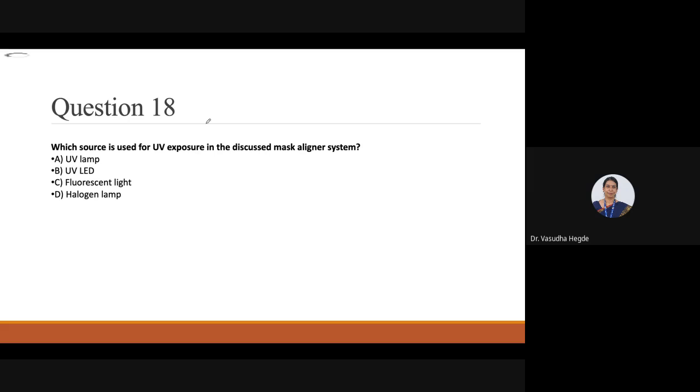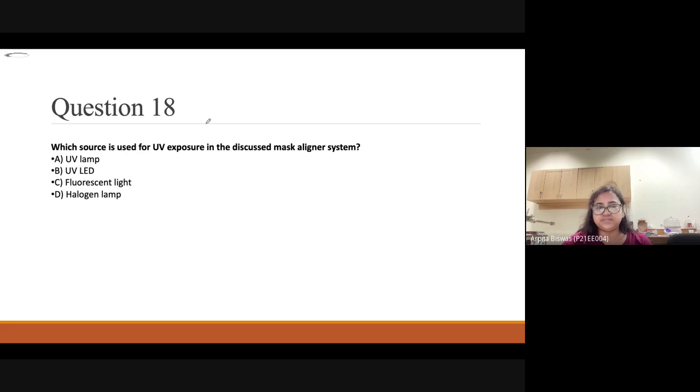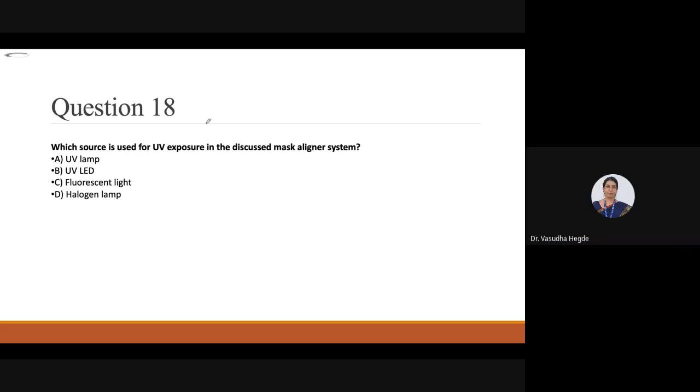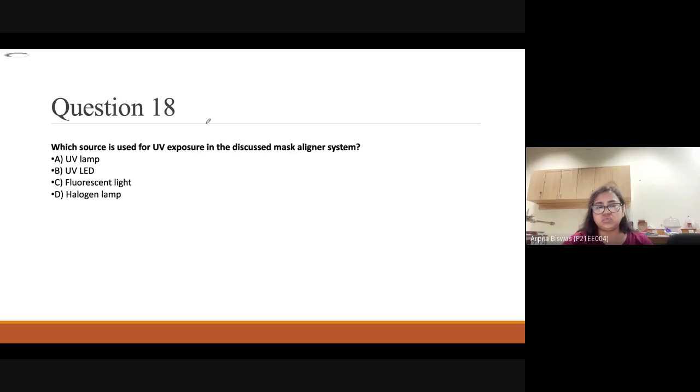The name itself says UV exposure, so obviously it has to be UV lamp. Option A.